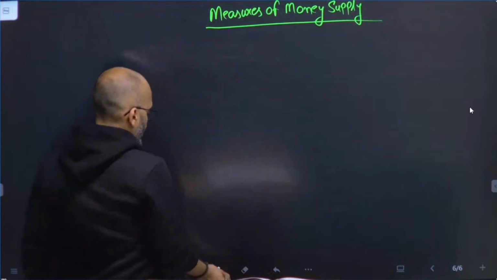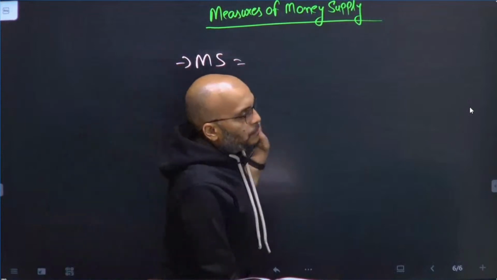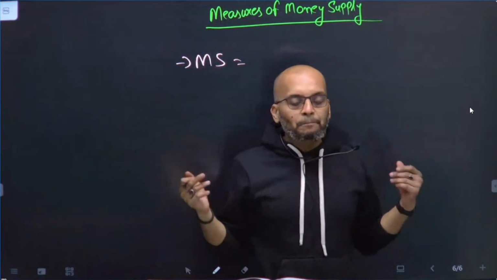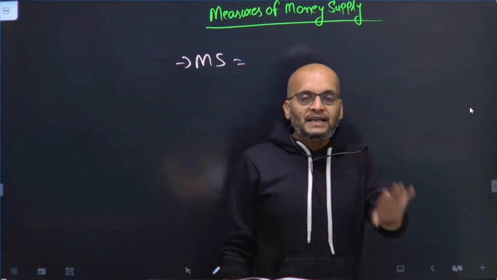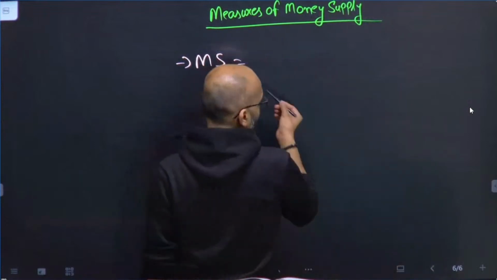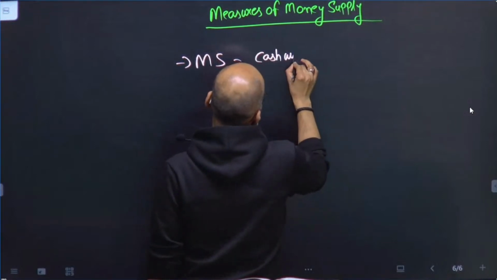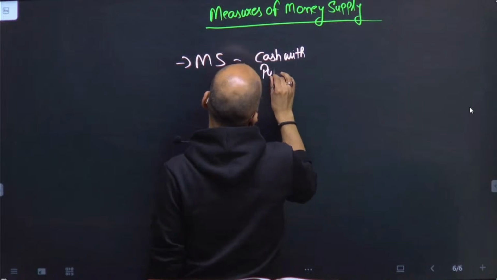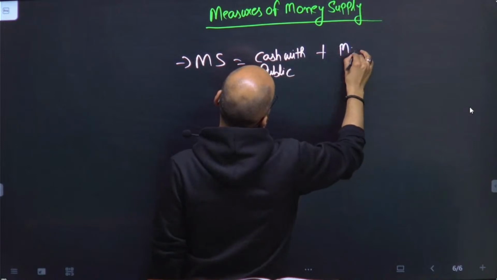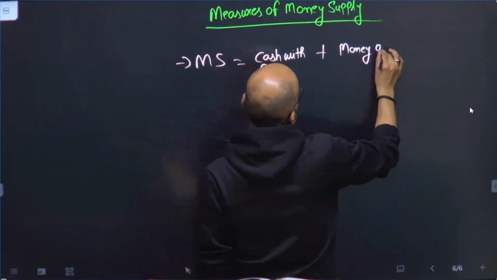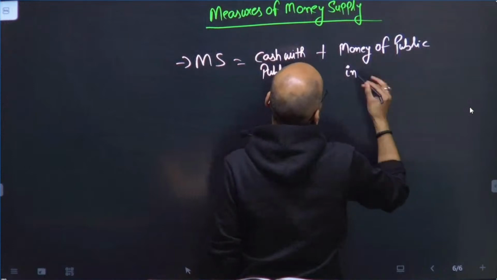So what is he saying? They are saying that money supply is the total money with the public at any point of time. When I am saying total money with the public, I mean cash with the public plus money of the public in banks, and it can be in savings, in FD, whatever.